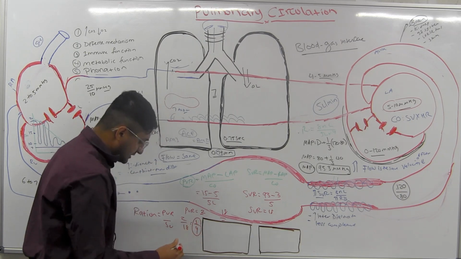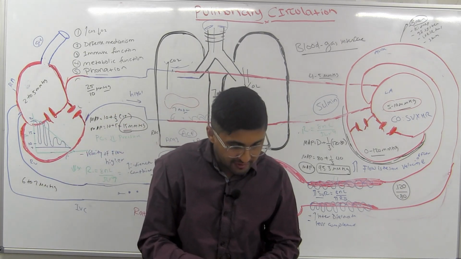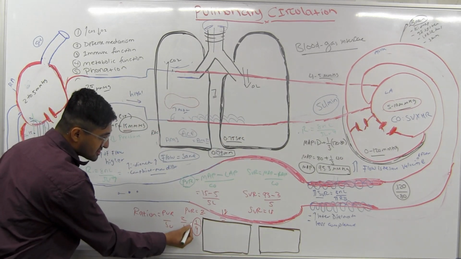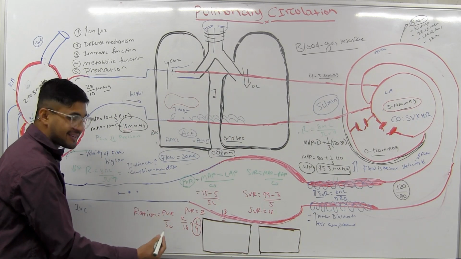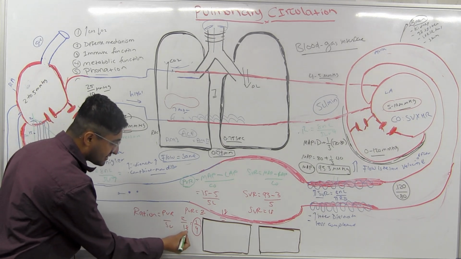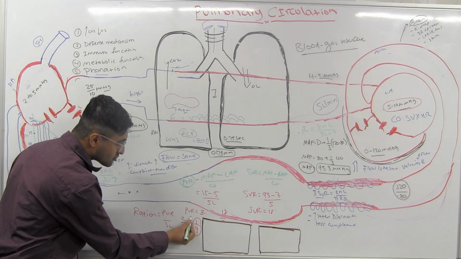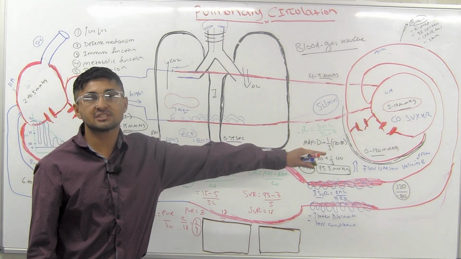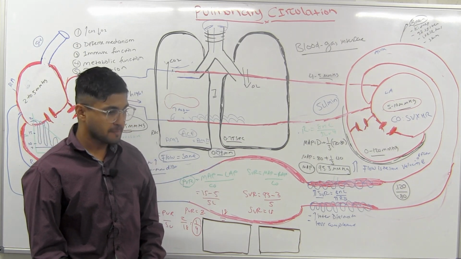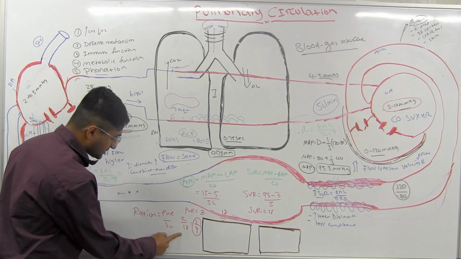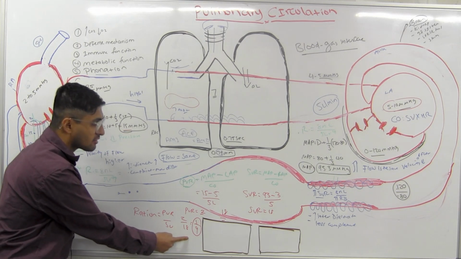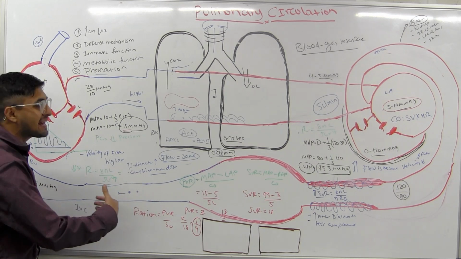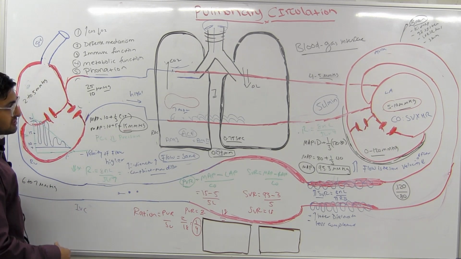Look, this 1 over 9 tells you that the pulmonary vascular resistance is about 1 over 9th, or sometimes you can get 1 over 10th, depending. Pulmonary vascular resistance is 1 over 9th of your systemic vascular resistance. That's what it tells me. It's that much lower compared to the systemic vascular resistance. Mathematically, this is what you get.